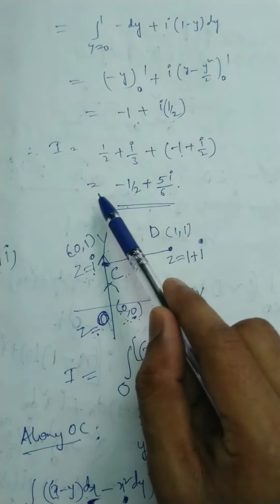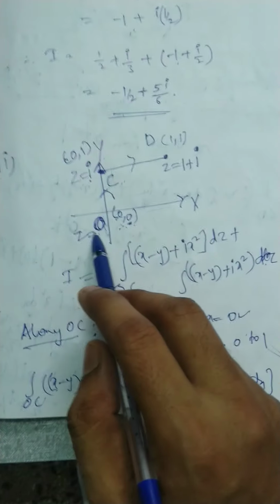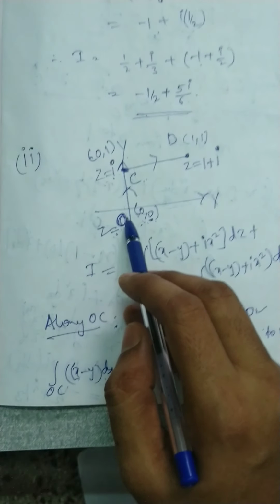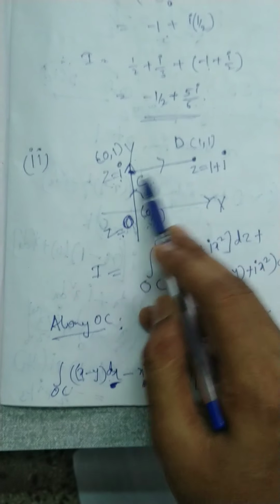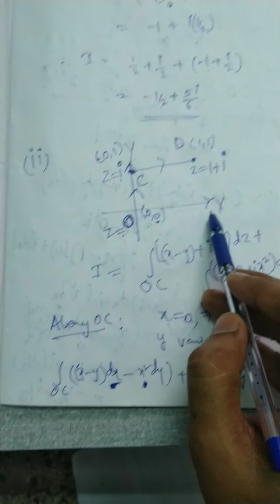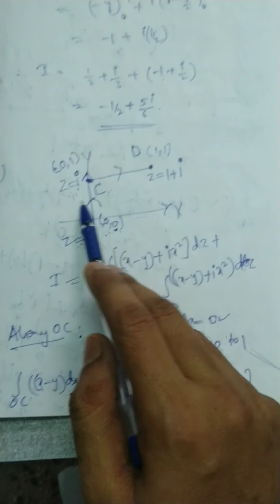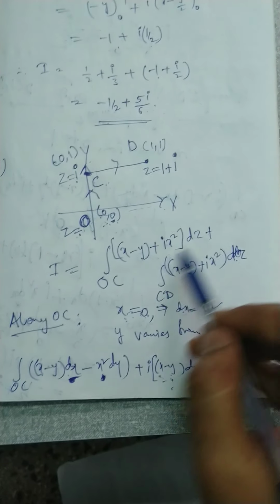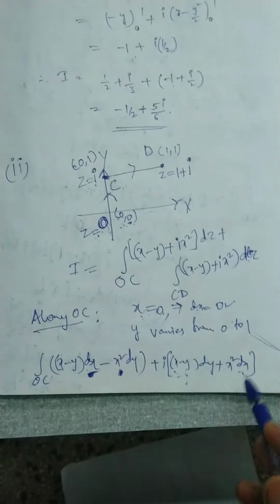Now coming to the second case, where the problem is given as you are moving from z equal to 0 to z equal to i along the imaginary axis, and then along a line parallel to the x axis, that is the real axis. So in this case again our problem can be written as I equal to the sum of two integrals. One is along OC and next along CD.